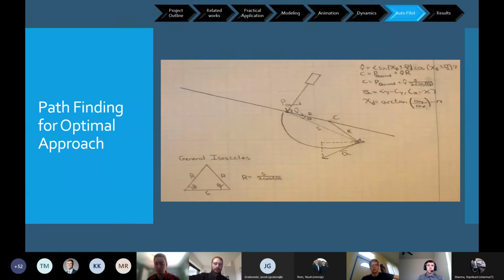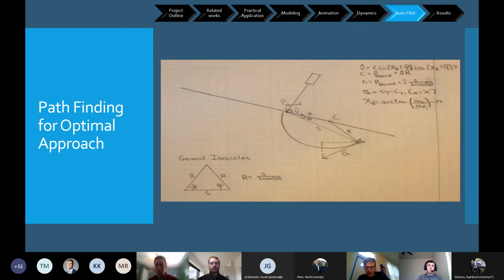This allows us, if we always follow the tangent of the circle, to arrive at our boundary point with exactly the course heading we want, plus or minus about 0.5 degrees. The way this is calculated is we create a vector between p-bound and our current position. And then using a general isosceles triangle, once we calculate the angle between C and p-bound, or the vector between C and p-bound, we can calculate theta, and then we can calculate the radius.